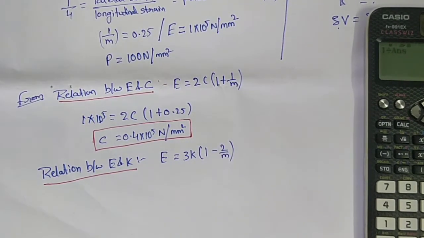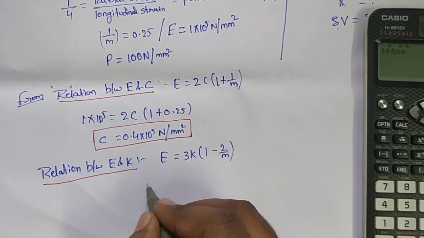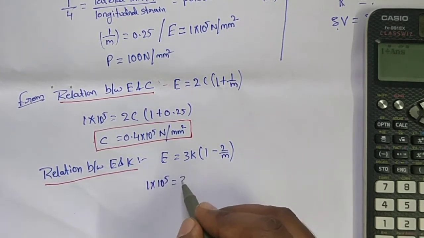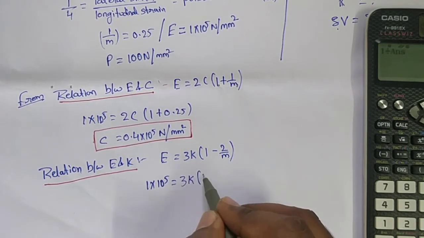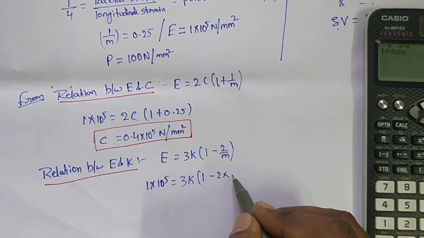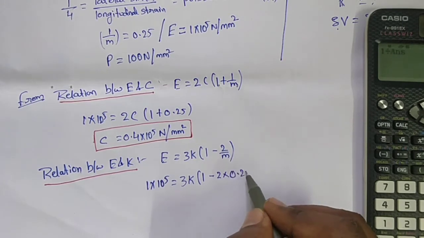By using this relation, the value of Young's modulus given is 1 into 10 power 5, which equals 3 times the bulk modulus into 1 minus 2 into 1 by m, that is Poisson's ratio, 0.25.